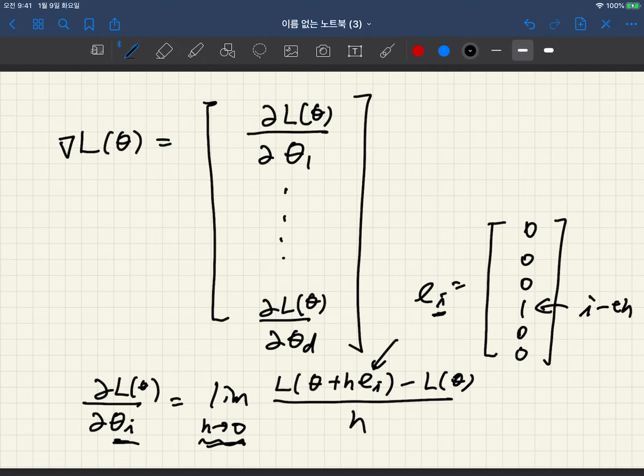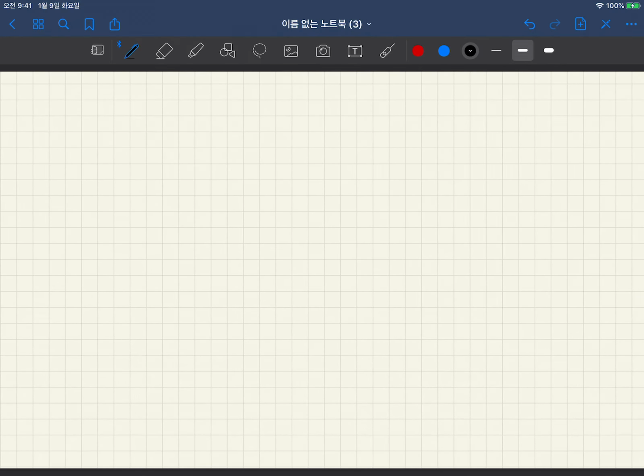All right. So to understand the gradient descent algorithm, I will bring a simple example from the 1D input case.